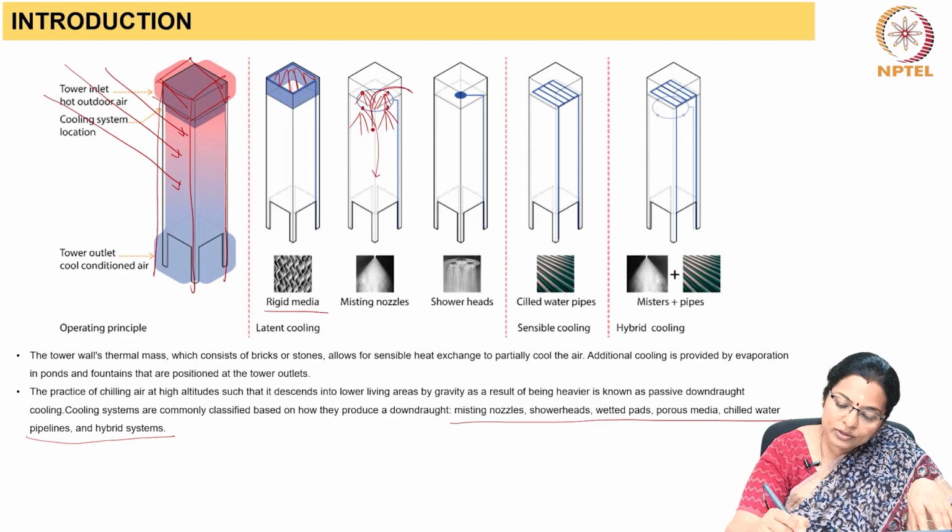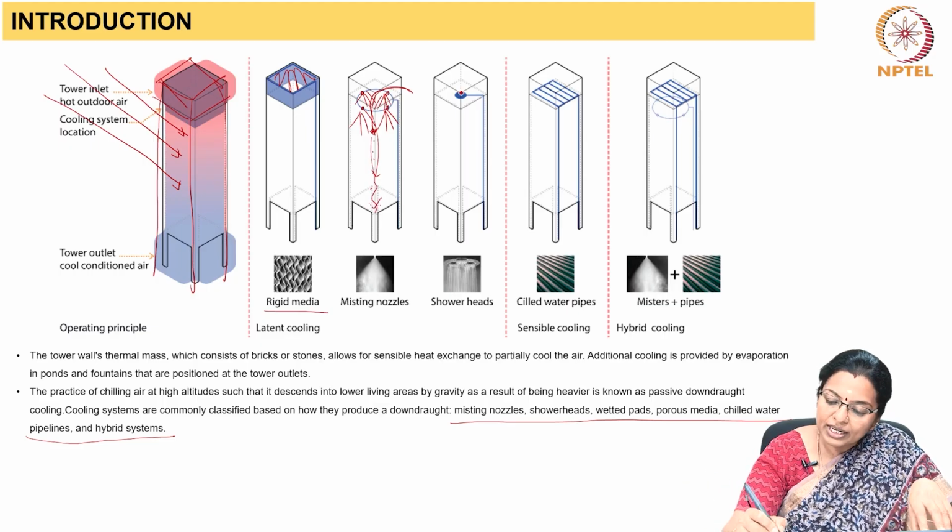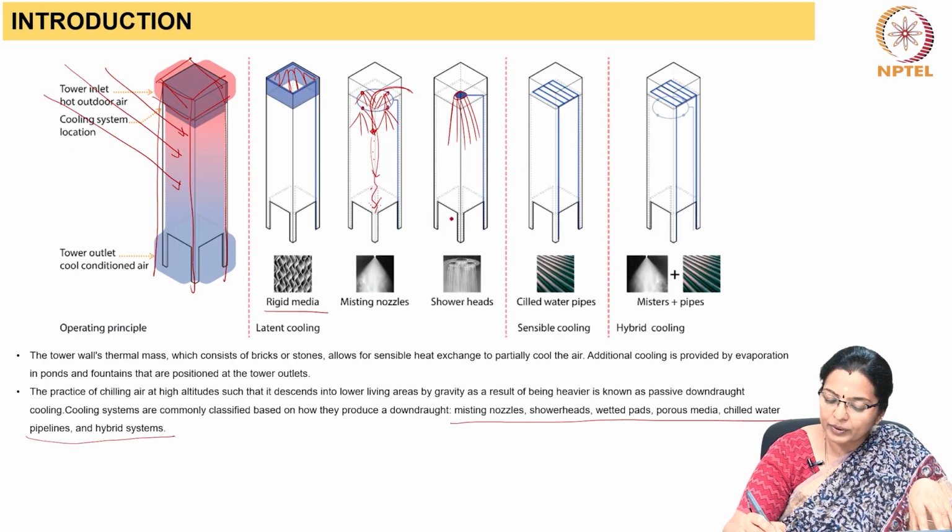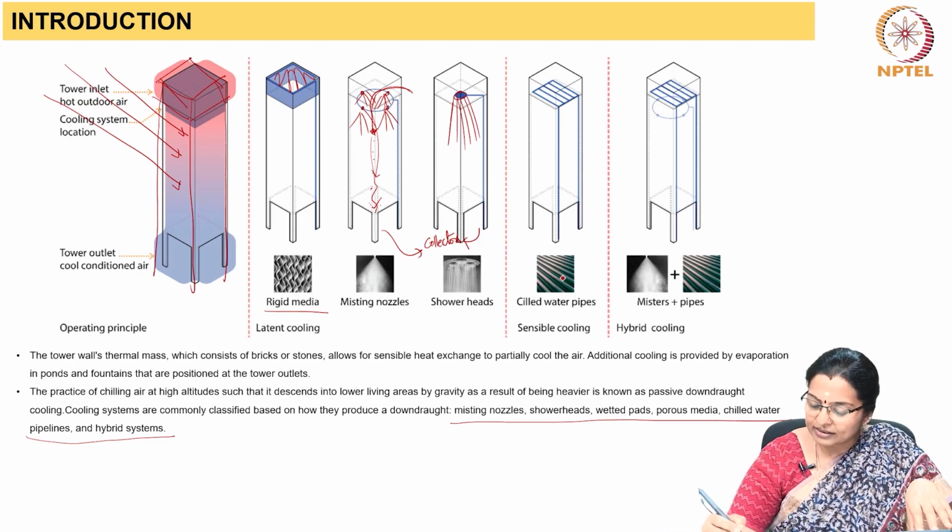When the air flows here, it becomes moist, and because of the weight, it comes down. The air flows down. Sometimes there are shower heads which throw water, and of course there has to be collectors below. Everywhere there has to be collectors.